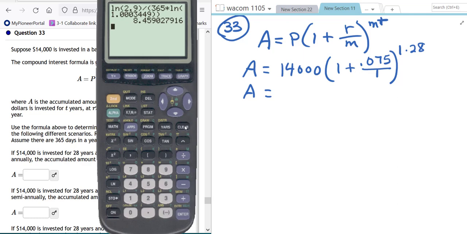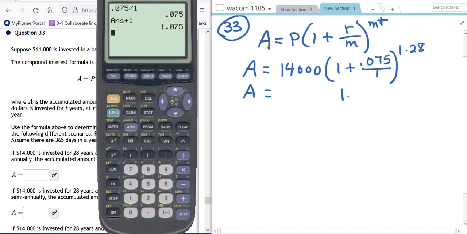All right, so to work this out in my calculator, and it's important that you know how to push this in. All right, I'm going to start in my parentheses, and I'm going to do the fraction first. So 0.075 divided by 1, enter. Plus 1, enter. All right, that is my inside the parentheses.